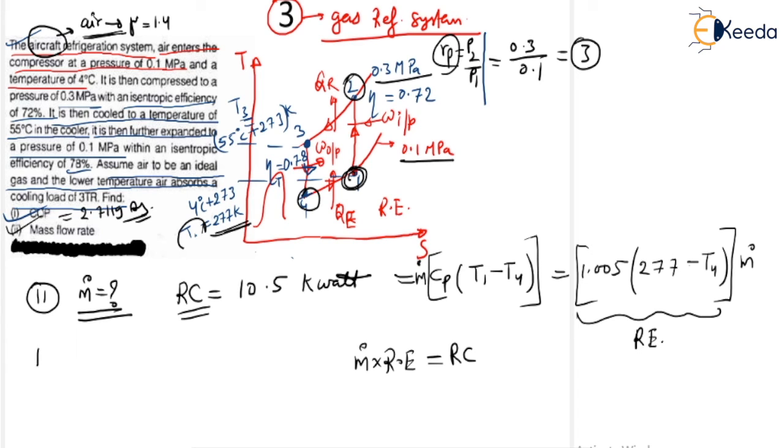So you have to write your refrigeration capacity as mass flow rate into, in bracket, 1.005 into, in bracket, 277 minus T4.